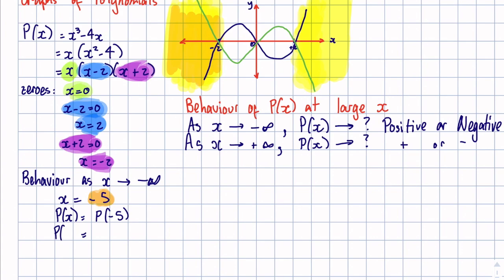Comes out as negative 5 times negative 5 take 2 times negative 5 plus 2. We could have put it into x cubed take 4x, same diff. So that's going to come out as negative 5 times negative 7 times negative 3, which is, I don't even care what the number is going to be, but it's a negative times a negative times a negative, which is negative. Which means we know that we're down here.